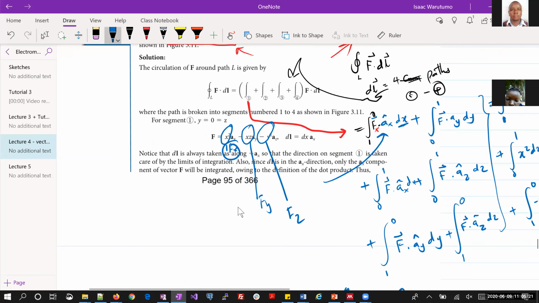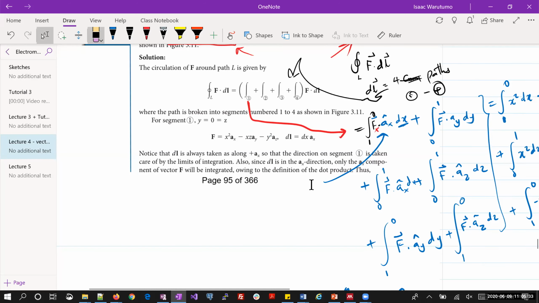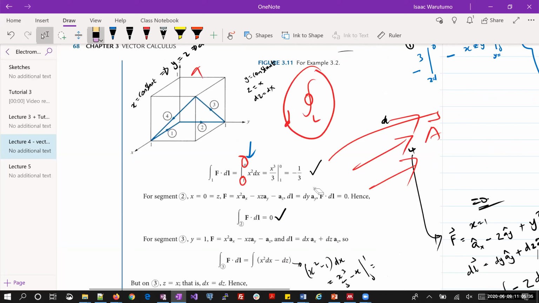My Fx is this x squared, and therefore we are going to get this x squared. This is now my Fx. And because we know that ax dot ax becomes 1, we remove it.